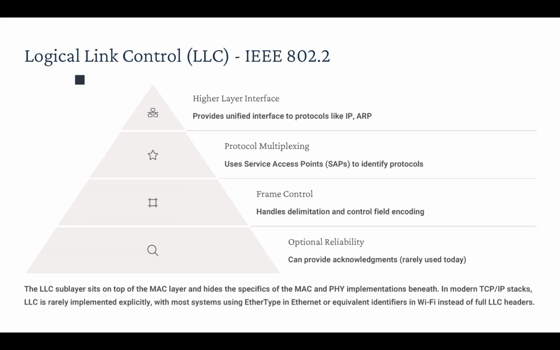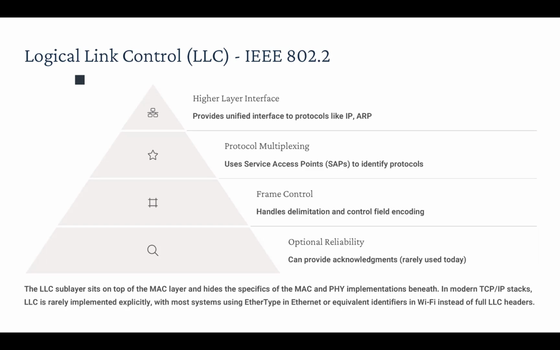Now, we talked about the logical link control, the LLC. The LLC sublayer provides the standard interface between the MAC layer and higher-level network protocols. It could be IP, ARP, or IPX.